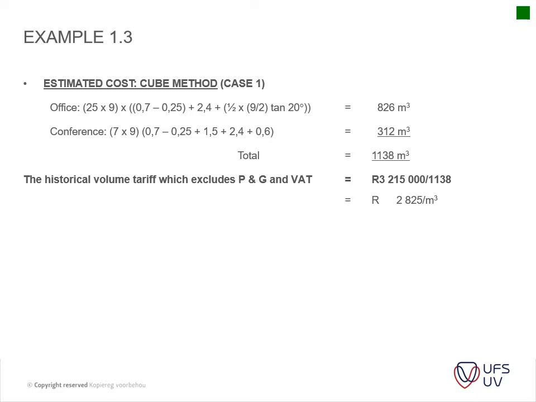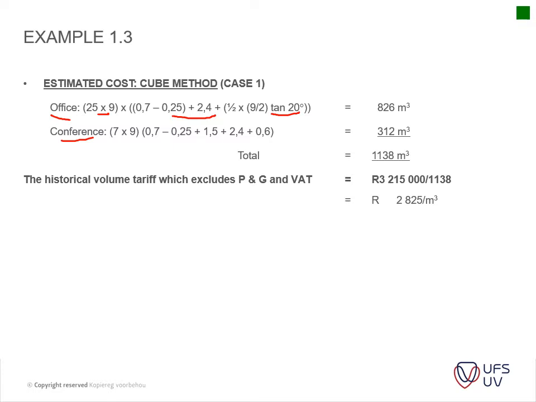Okay, so your estimated cost cube method is your office building, and you've got a conference center. Basically, you've got your area, then you calculate the height of your ceiling. I'm going to explain the little trigonometry formula that you need to know as well, so you will have to practice this, unfortunately.